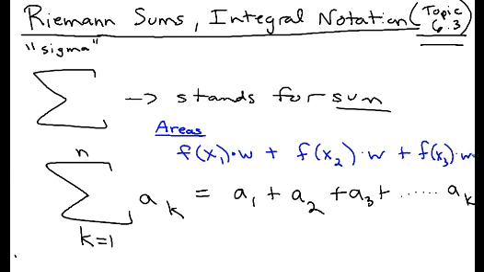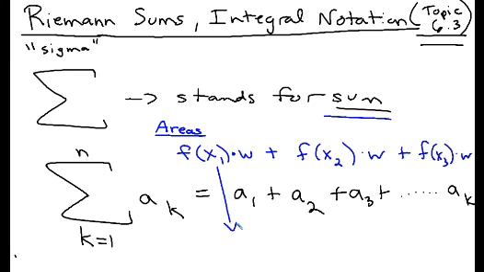All right? So you can see why we're talking about this idea of a sum. Here we have a sum. So we could have taken this thing that we just wrote right here, and we could have written it as a sum.